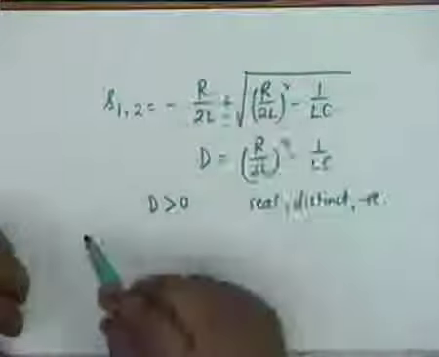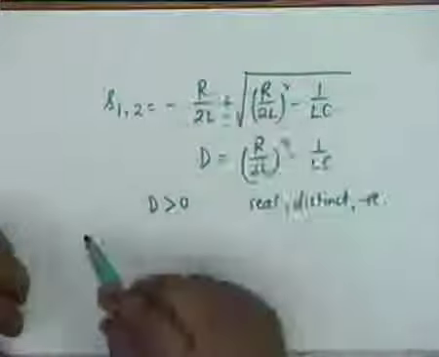When the sign is negative, minus R by 2L minus, obviously the whole thing is negative. So these are real, distinct and negative. If D is equal to 0, obviously that is possible by a combination of R, L and C. They are real, coincident; we don't say equal, they coincide, they coalesce upon each other, and they are still negative.